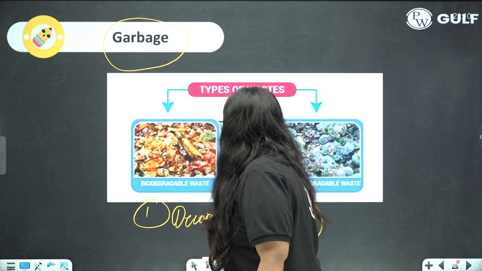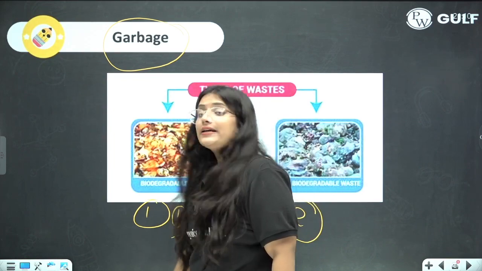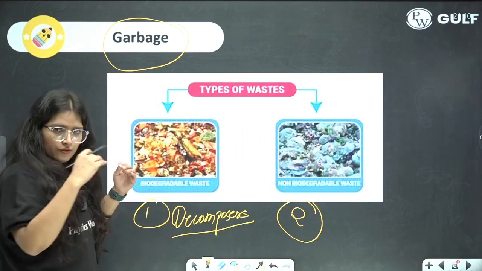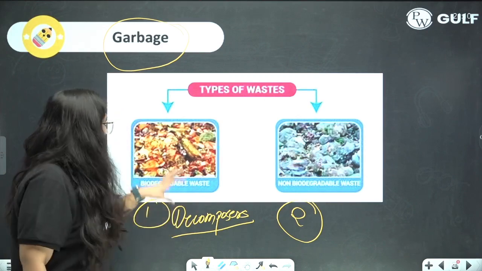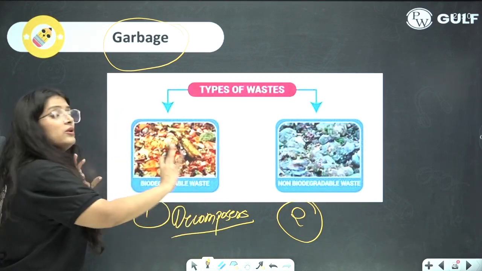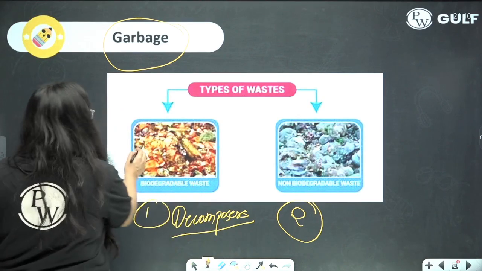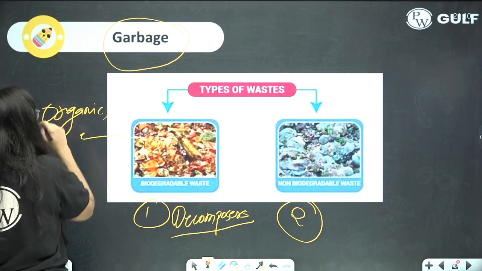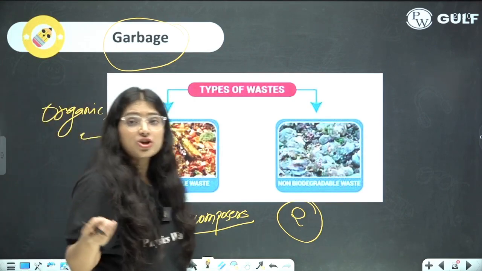The decomposers, like some bacteria and saprotrophs, right? So what will they do? They will slowly decompose and degrade this biodegradable waste. Biodegradable waste includes organic waste, municipal waste, or home waste like peels of vegetables and fruits.